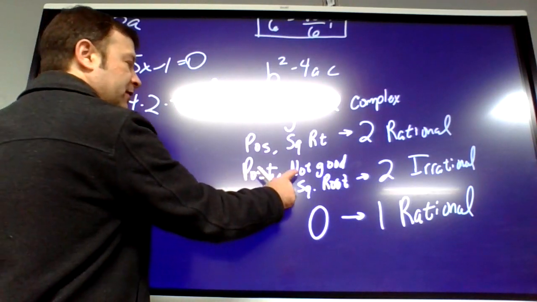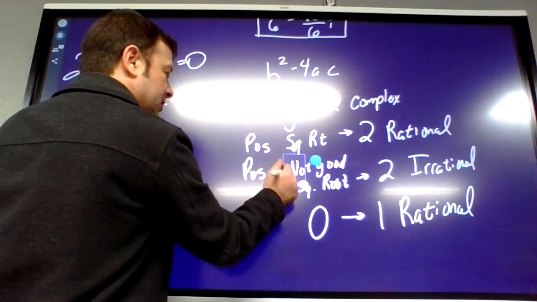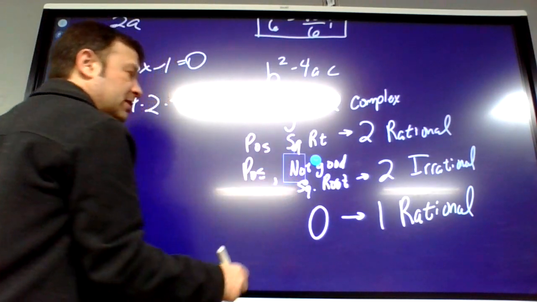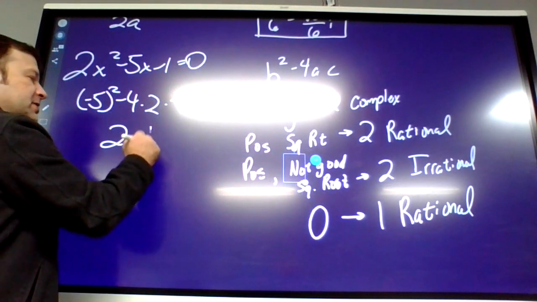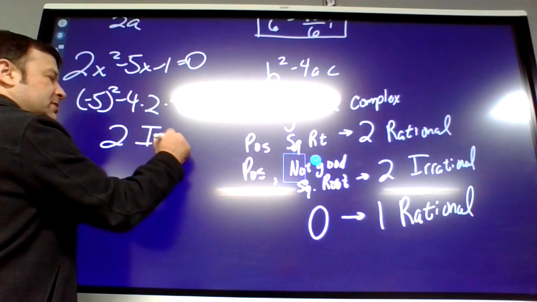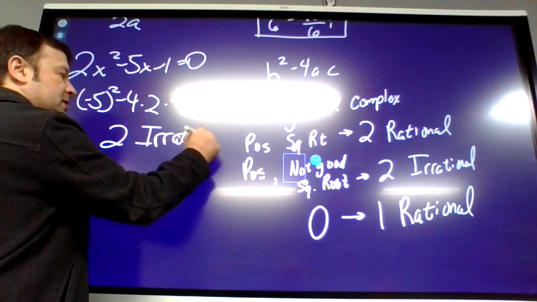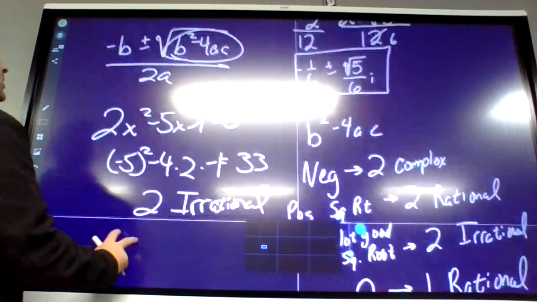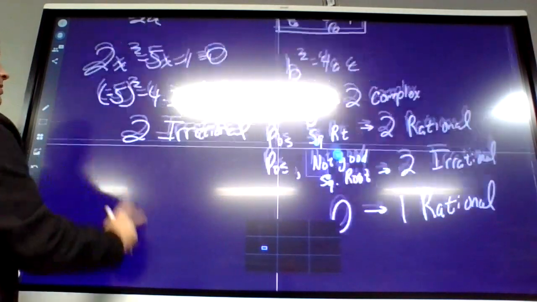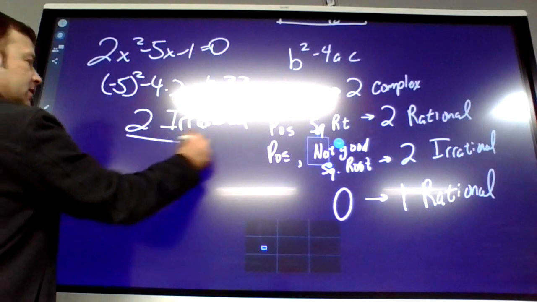Not 33. So if it's positive but not a good square root, you're gonna get 2 irrational answers. 2 irrational means like 2 square root answers, basically. They said solve it, but I'm gonna skip that part. We'll just stop right there on that one.